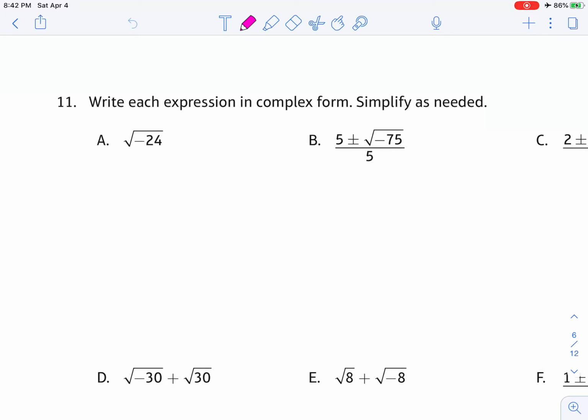Right here, we're going to simplify these. So this is 4 times 6. But the most important part is the I. Because this has a negative, it automatically has an I. So 2I radical 6.